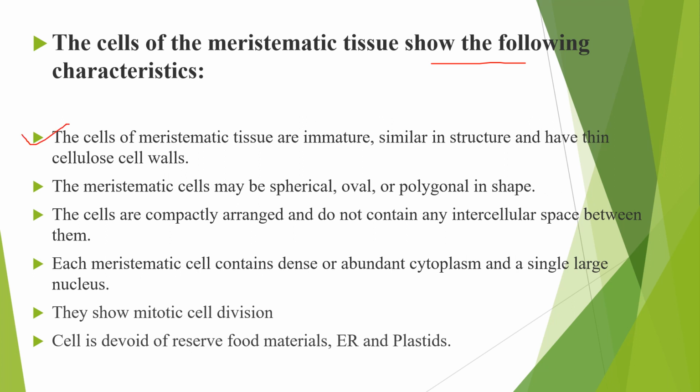First, the cells of meristematic tissue are immature. They are not mature, similar in structure, and have a thin cellulosic cell wall. The cell wall is made up of cellulose and is very thin. Secondly, the meristematic cells may be spherical, oval or polygonal in shape, that means it varies in shape.